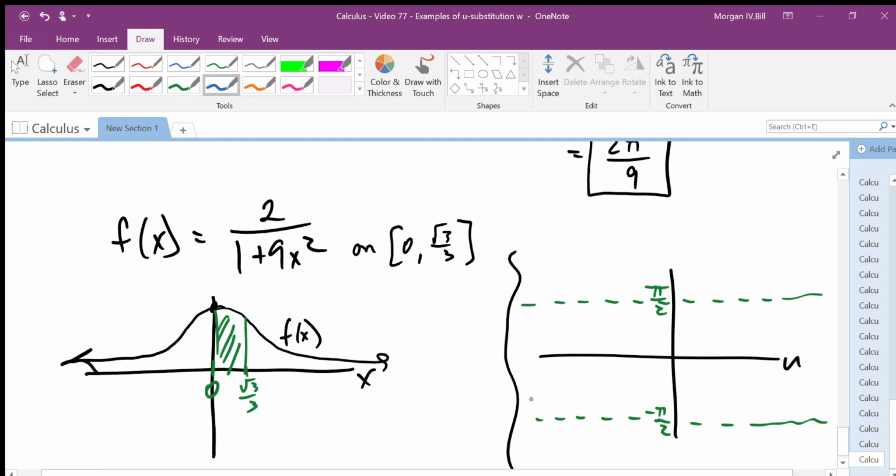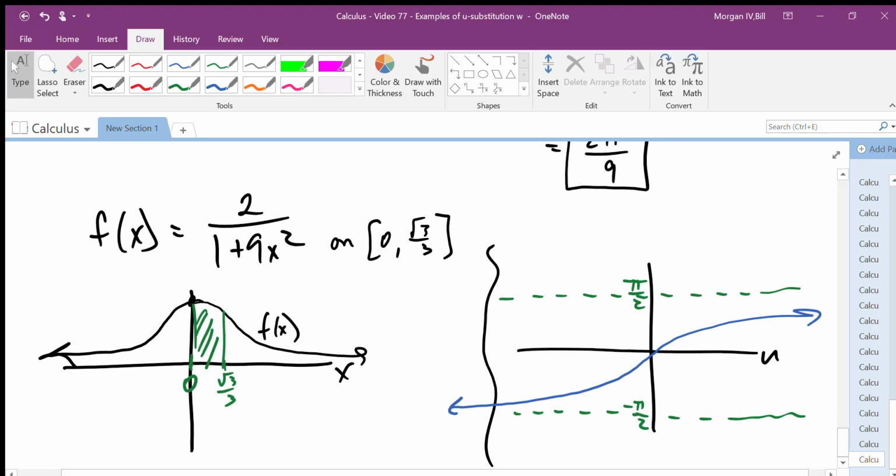And it looks something like this. Times 2/3, so it's a little bit squatter, a little bit more towards the u-axis here. And so this curve here is g of u equals 2/3 inverse tangent of u.